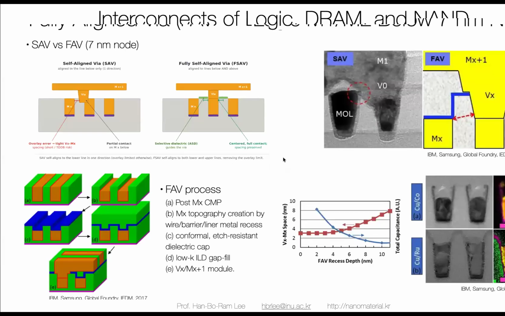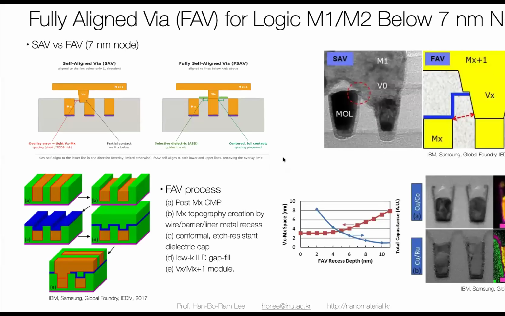So you heard about the FAB, fully aligned via, which is another name for the edge placement error solution. They used to use self-aligned via. Self-aligned via means the via is aligned to the top line, the top MX line.